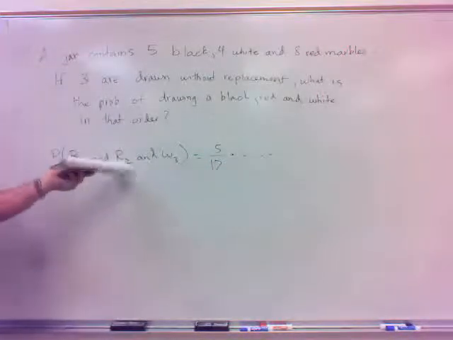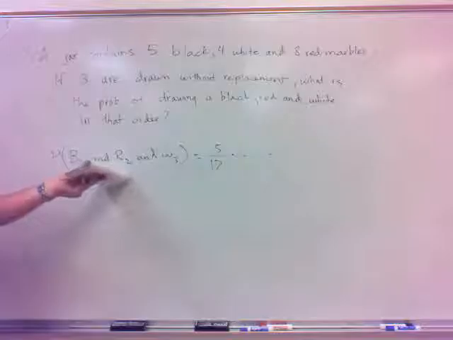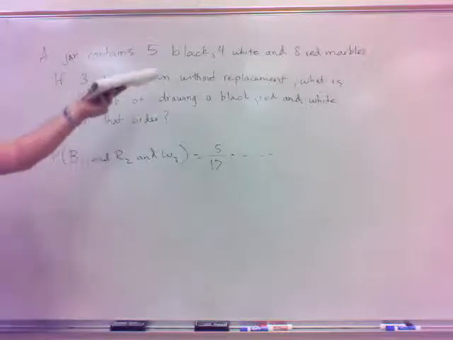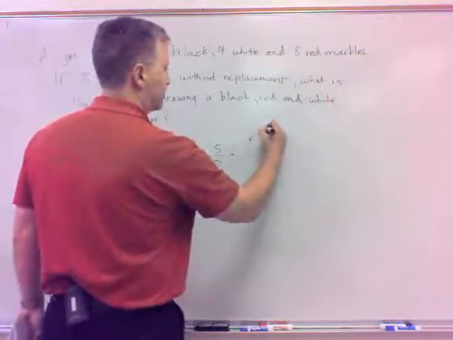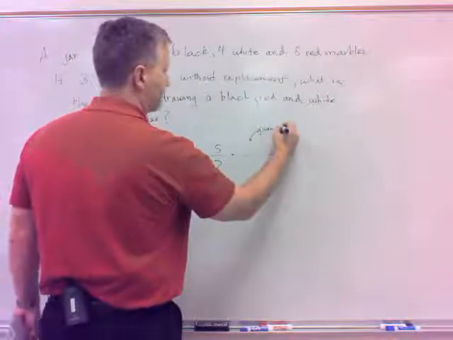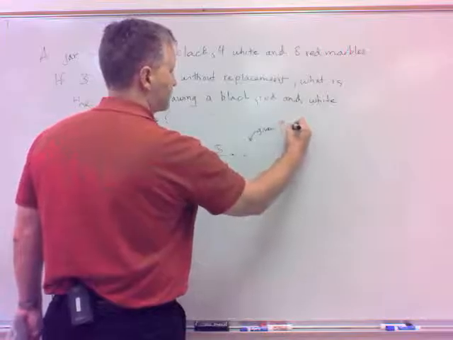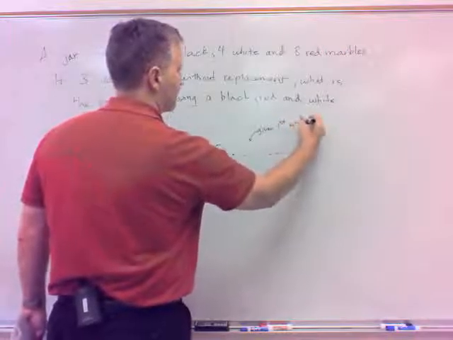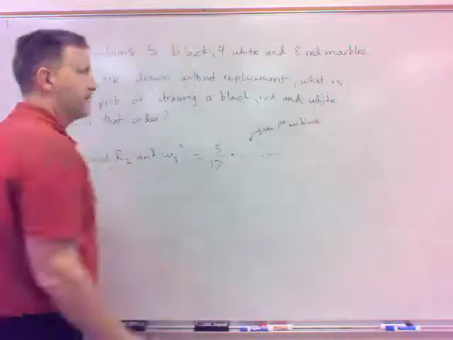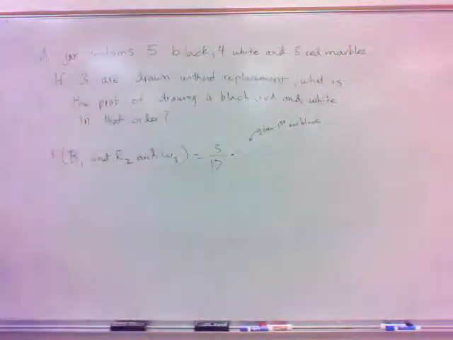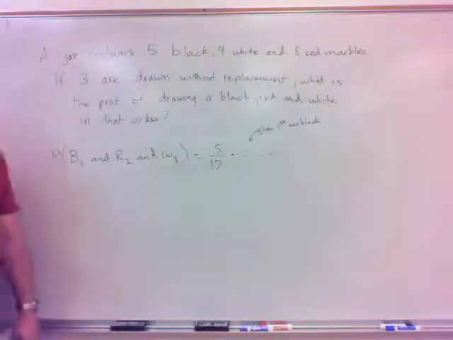Well, the second one I'm doing the red, but I have to do it given the first occurred, right? So this is the probability given the first was black. We're given that the first was a black.